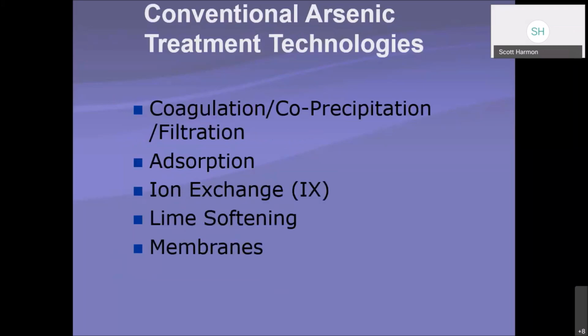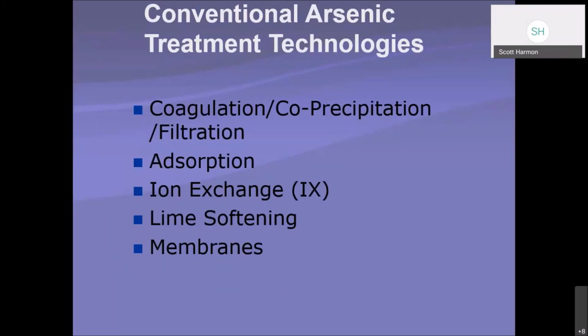So we talked a little bit about the types of arsenic earlier in the presentation. You'll see a little bit more about that during this part of the presentation. But here's some different conventional treatment technologies that are in use and were in use when this program was created: coagulation with co-precipitation and filtration, adsorption.